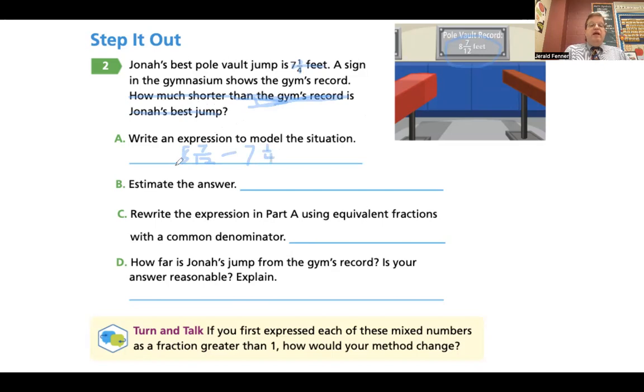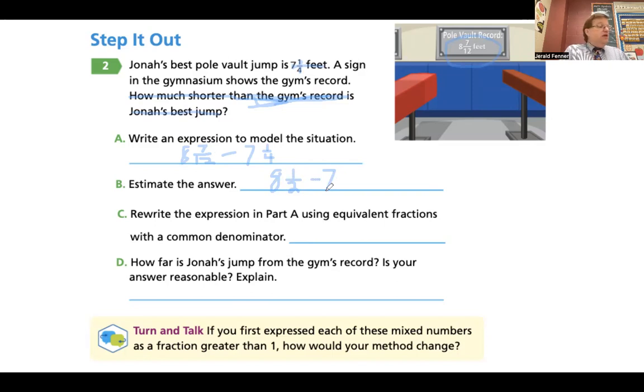Now, if we estimate the answer, we're looking at 7/12. We know 8's going to be there. But 7/12, is that closest to 0, half, or 1? It's closest to half because it's only 1/12 off of being half. Okay, then we know that the 7's still going to be there.